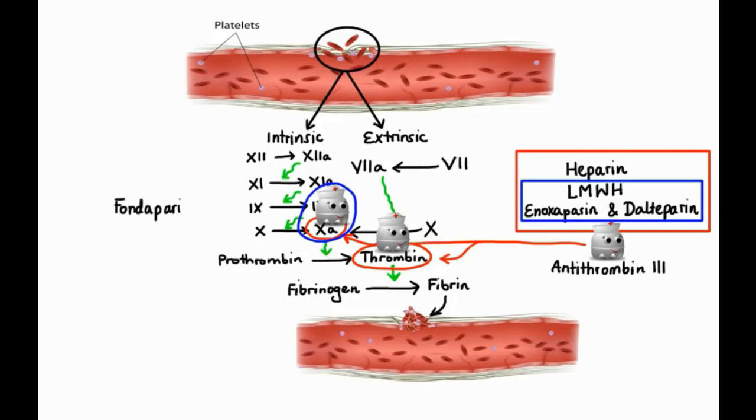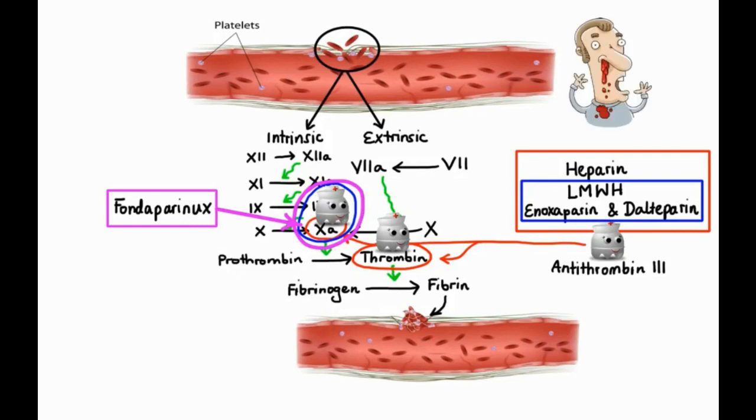Another drug in this category which inactivates factor 10A is called fondaparinux, but it does not have any direct effect on thrombin. These drugs have some side effects, but reversing is possible with a drug called protamine sulfate, which works by binding to the heparin or the low molecular weight heparins to form a stable inactive complex.